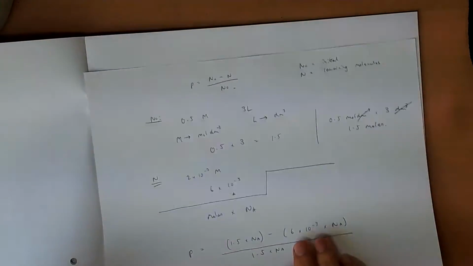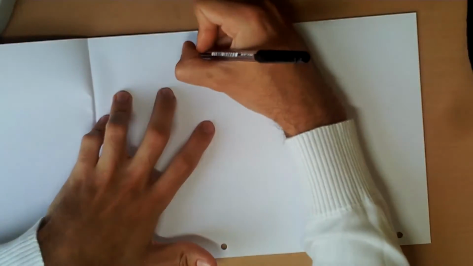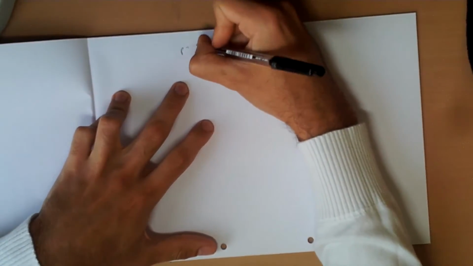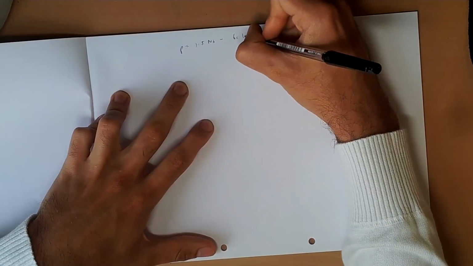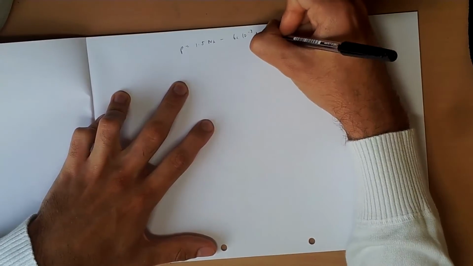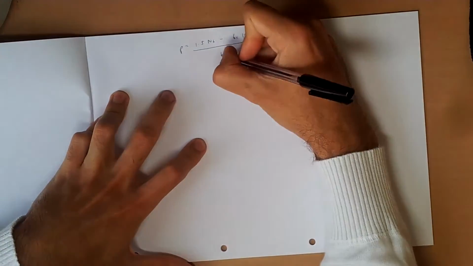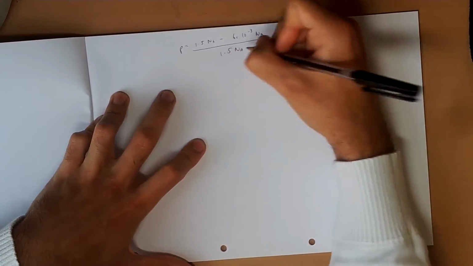So you can write that out fully as P equals 1.5 Na minus 6 times 10 to the minus 3 Na, all over 1.5 Na.